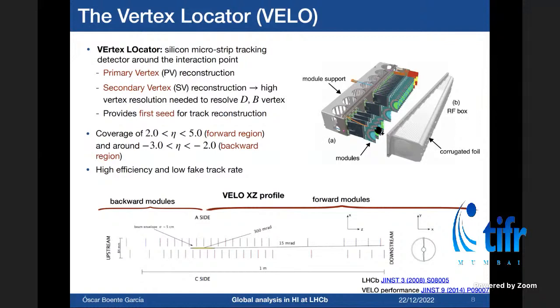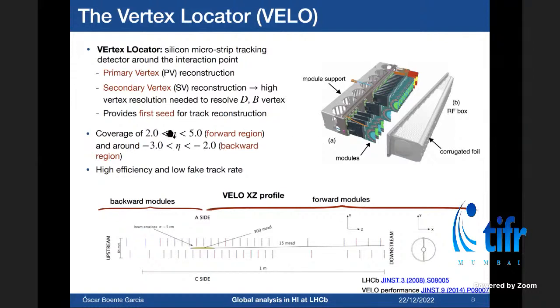This closeness to the beam is with the aim to have the best resolution to reconstruct the primary vertex, so where the interaction takes place, but also secondary vertexes of heavy flavor decays. Also the tracks it reconstructs are used as the seed for track reconstruction, as we will see.